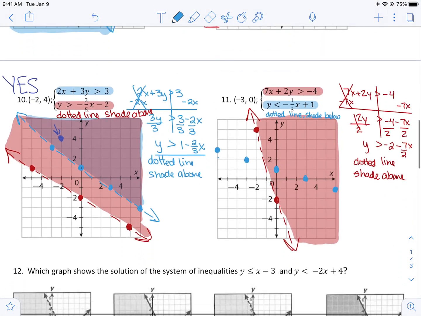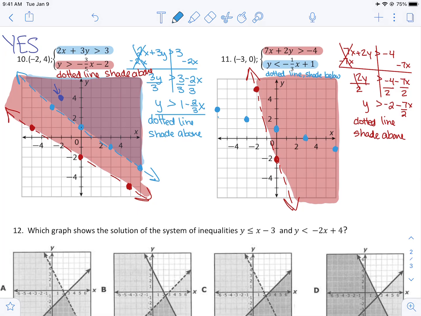Okay, so again, I have a dotted line. And I'm shading below, so I want to go under that y-intercept. So that's this area. And again, to be a solution, it has to be in that common shaded area.